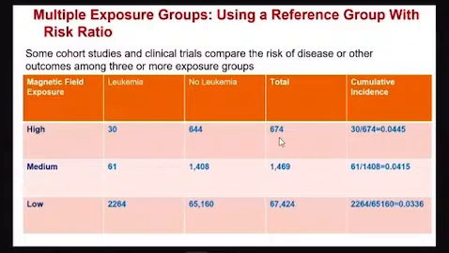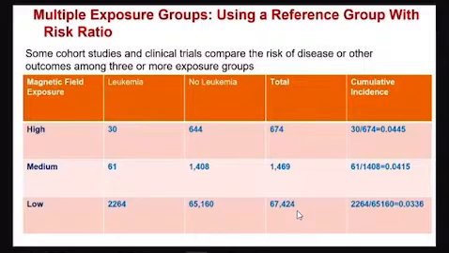And take a look at this. 674 were exposed to high magnetic field in total, 1,469 were exposed to the medium, and 67,424 exposed to low.